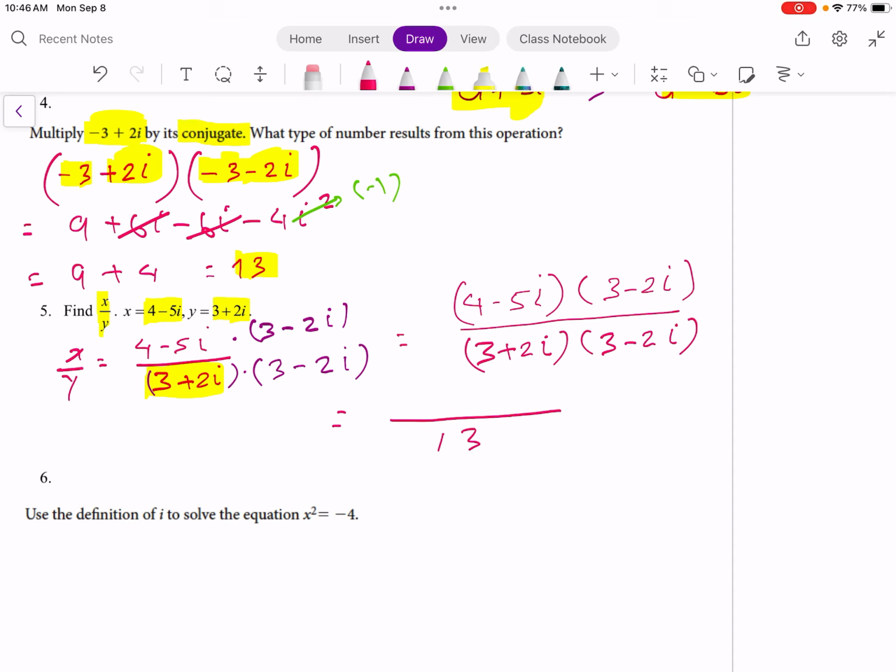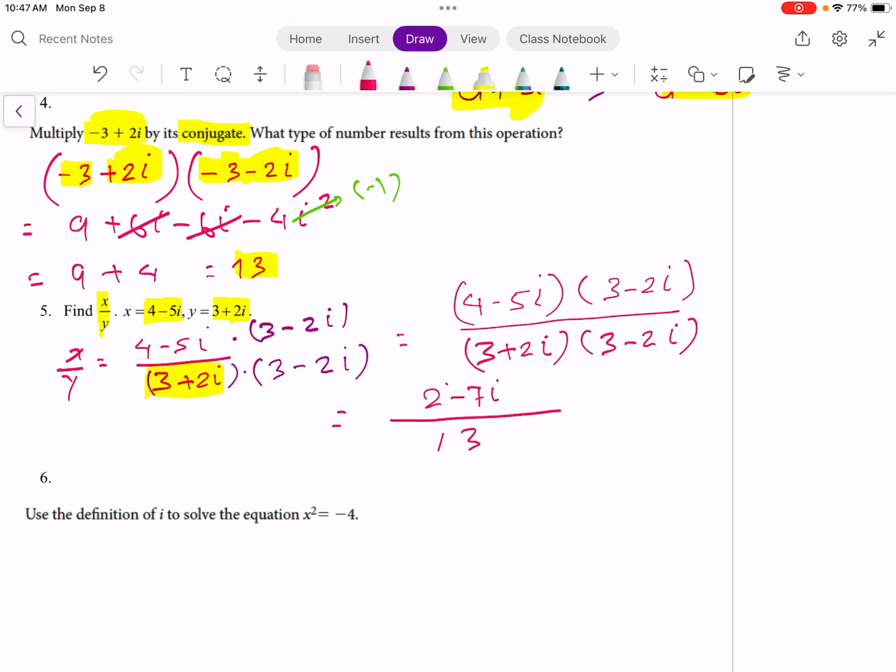I got one. What number do you have in the numerator? Negative 7i plus 2. Okay, let me rewrite this as 2 minus 7i. Does anyone have something different?